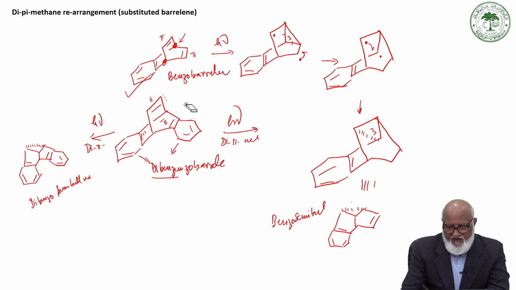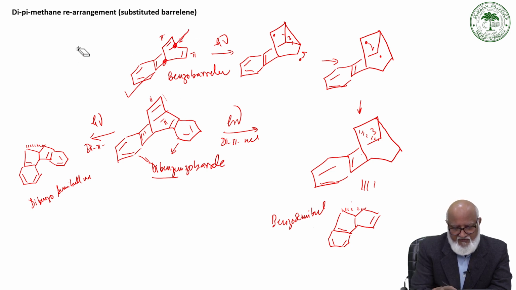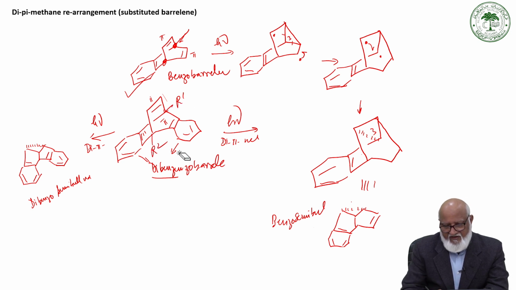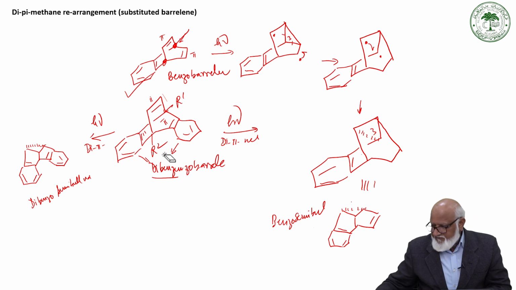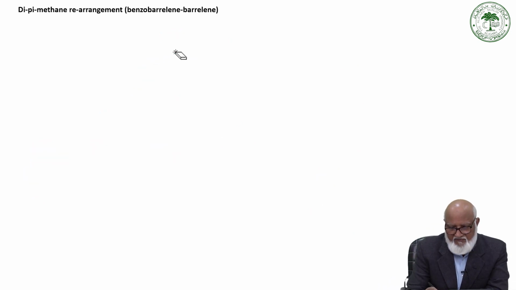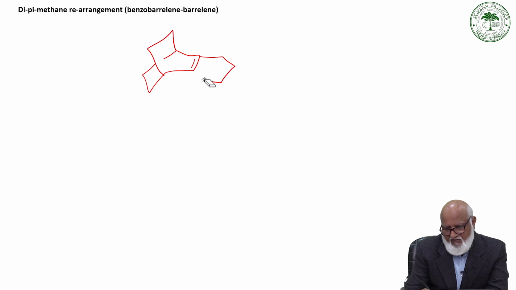Here by taking a mono substitution, say for example, if you have a dibenzobarylene with the R1 and R2 and different, first we mono substituted, say a lot of work has been done by George and co-workers.